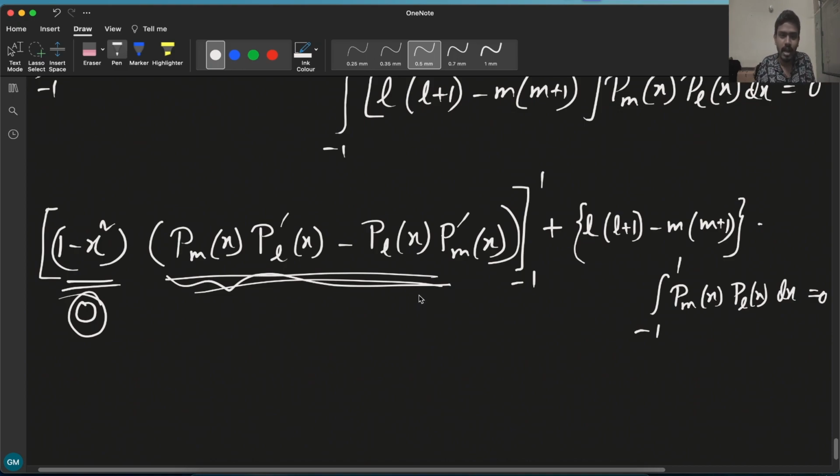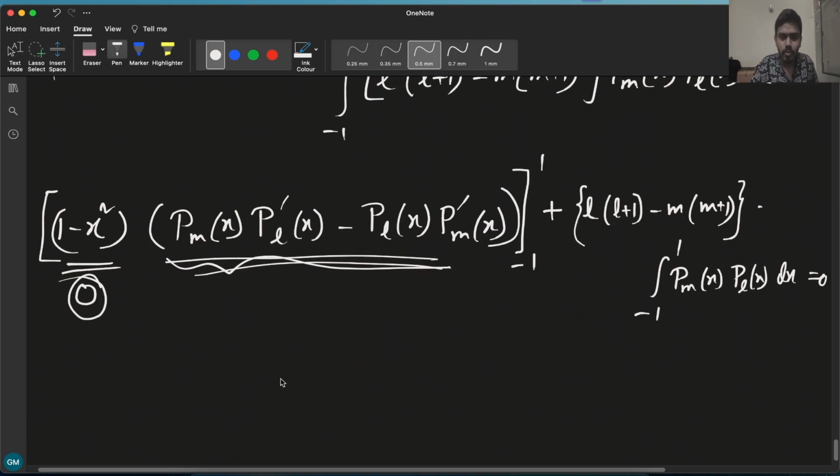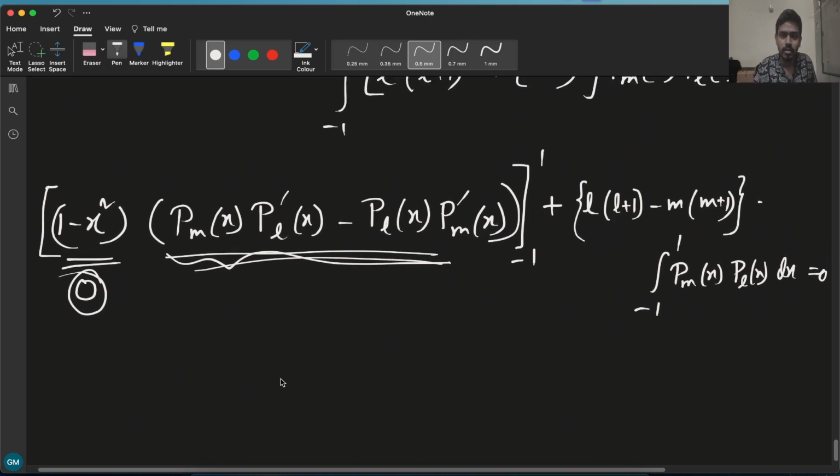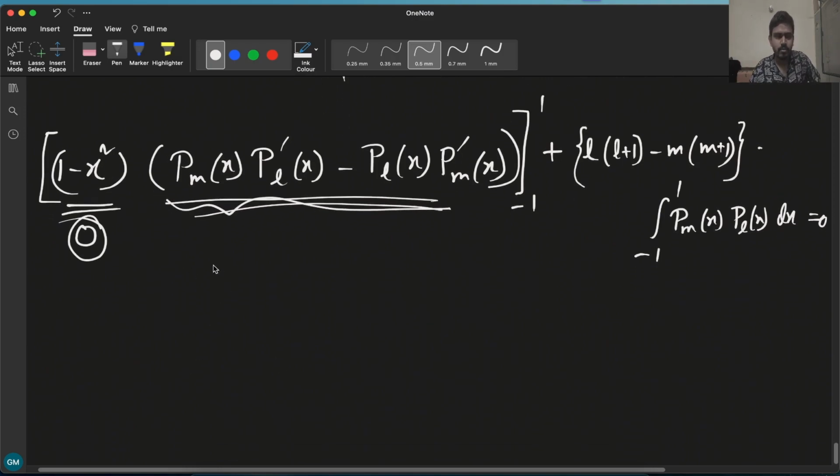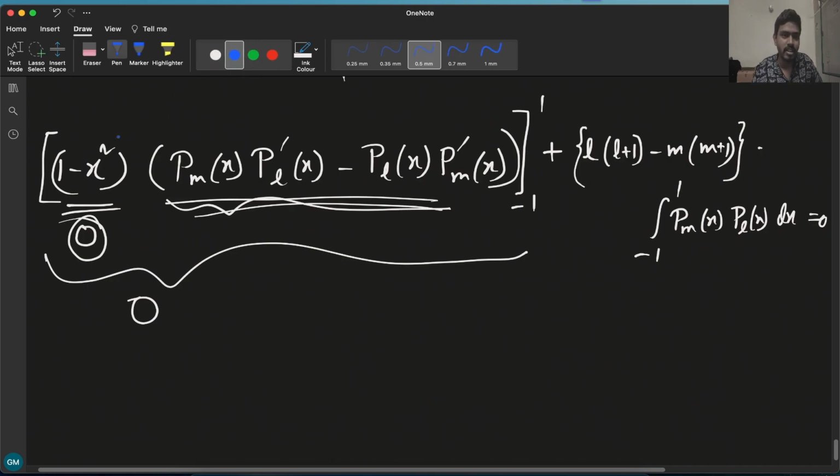Okay, and it's also one importance of why we chose those solutions which are finite, or convergent, at x equals ±1. These properties will be helpful. I mean, these properties are a result of that choice. So this whole term will be 0 because of this factor sitting here.